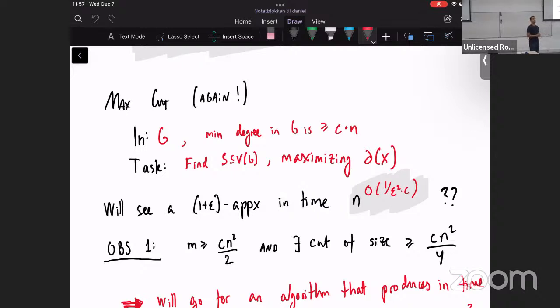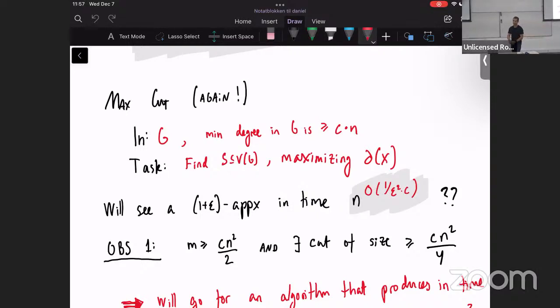For the purposes of this talk, think of c to be equal to 1/2. Everything we say will work for any other constant c, but really just think that every vertex has edges to at least half of the other vertices.